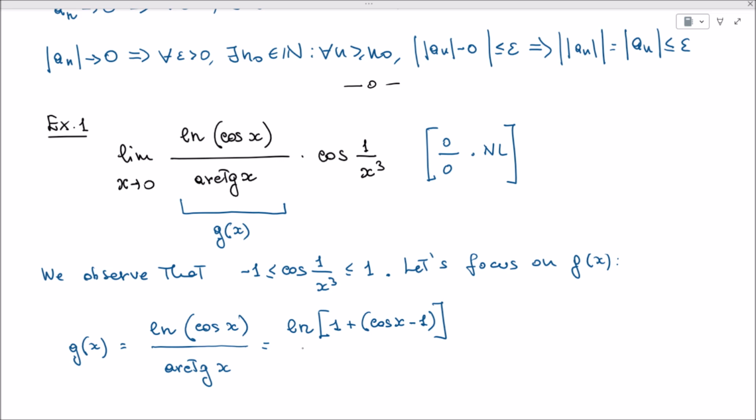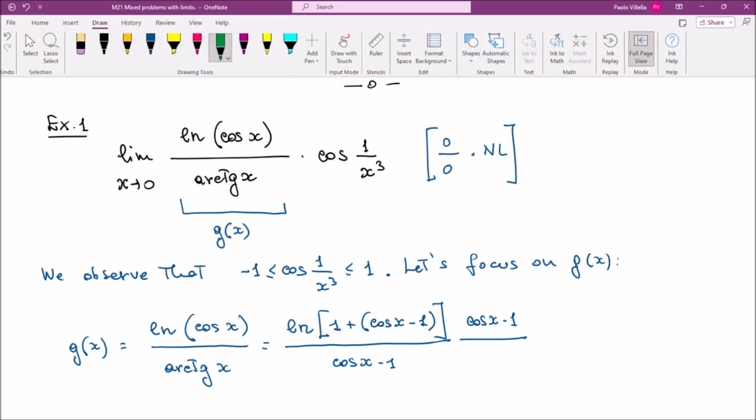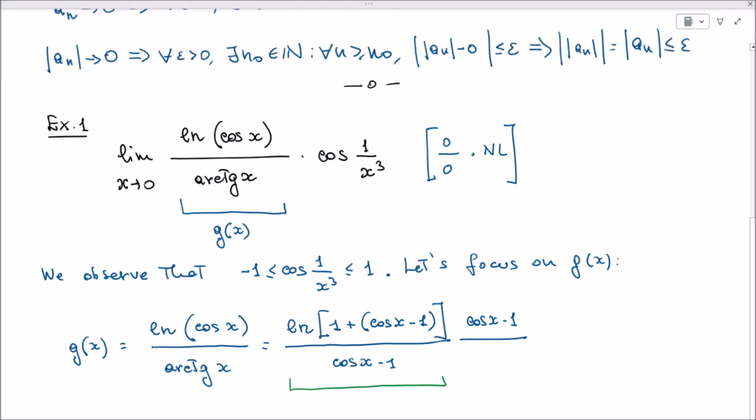And if we now divide by cosine of x minus 1 and multiply by cosine of x minus 1, well, clearly we have this first term that for x that goes to 0 will tend to 1. Okay, so we have already something that we know.